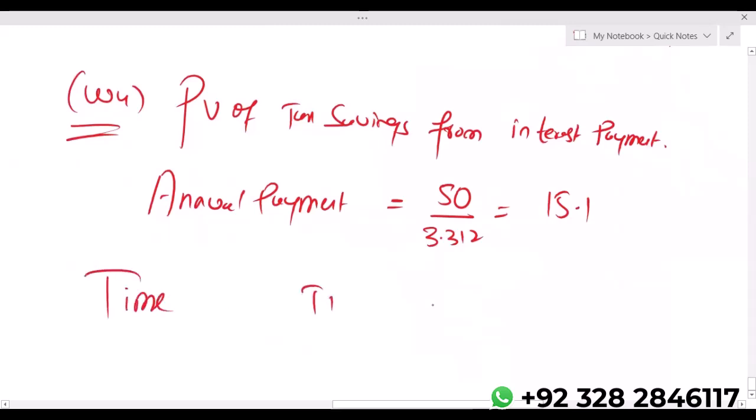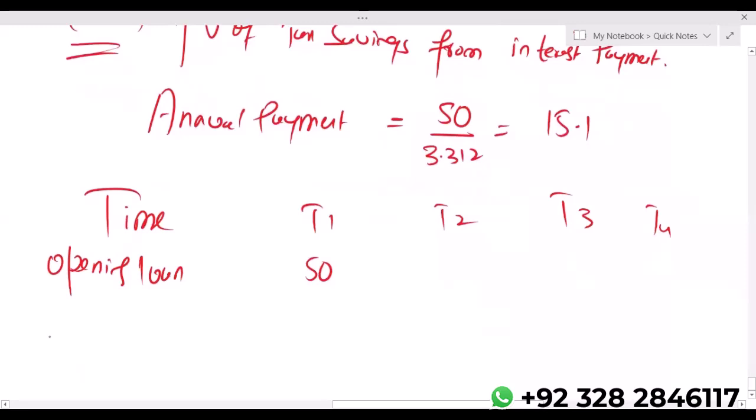So T1, T2, T3, T4. Opening loan amount 50. Interest rate is 8%. Add interest. If you take 8% of 50, it becomes 4, less the payment. Annual repayment is 15.1.